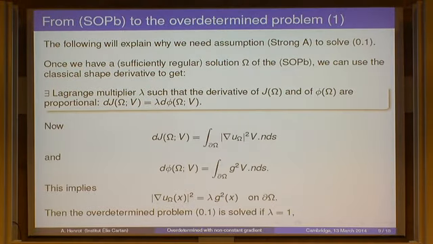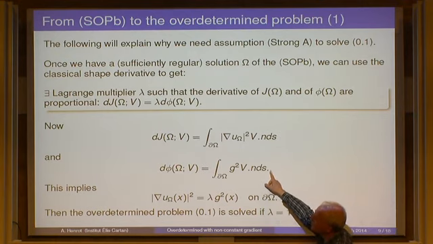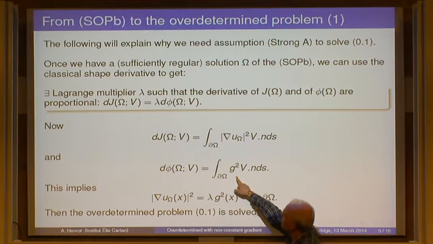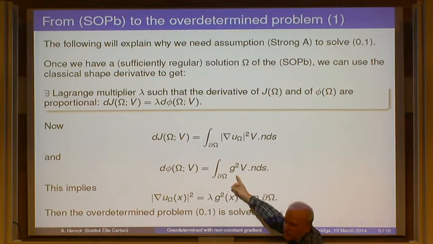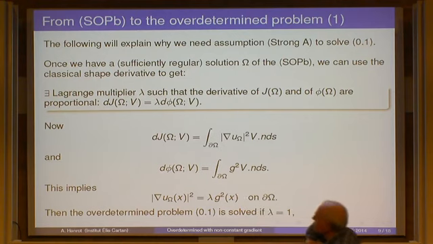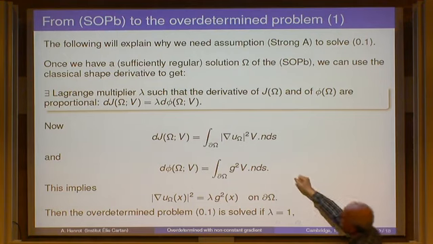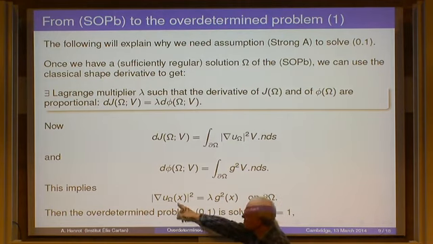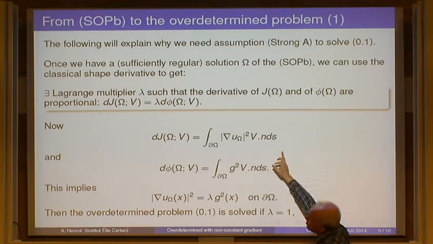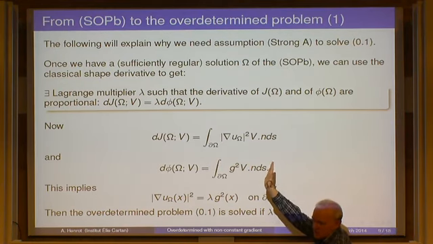More precisely, when we compute the derivative of g, assuming the regularity I just mentioned, we get this expression of the derivative of phi. Obviously, when the density j is equal to 1, phi is just the volume, and you get the usual derivative of the volume. Now if you assume that this first derivative is equal to lambda times this second derivative, you get a relation which has to hold for any deformation field v.